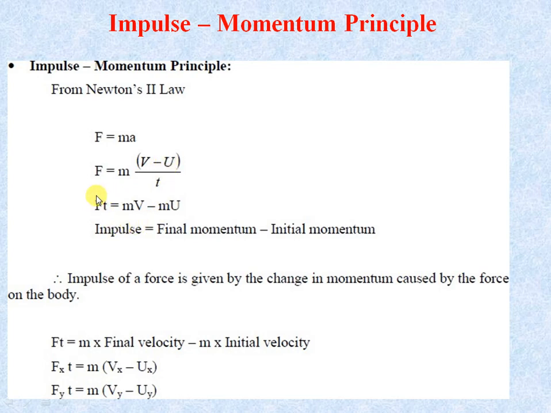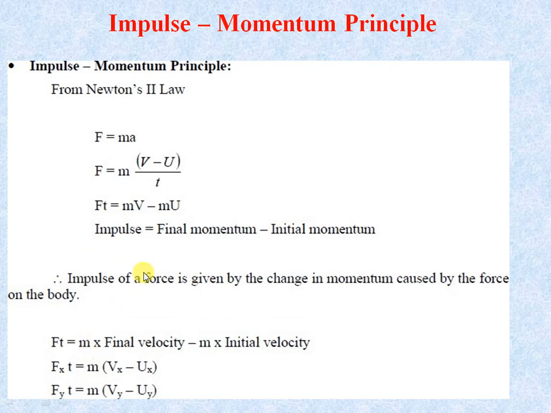Ft is nothing but the impulse. So impulse is equal to the final momentum minus the initial momentum. Therefore the impulse of a force is given by the change in momentum caused by the force on a body.